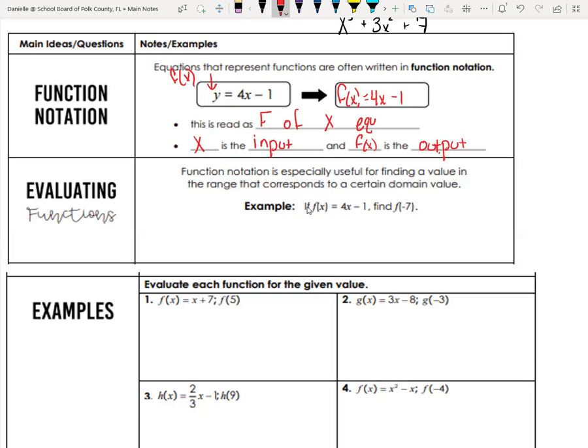So basically, evaluating functions is the same thing as substitution. So I'm going to take my new value for x and plug it in. So now I have f of negative 7 is 4 times negative 7 minus 1. 4 times negative 7 is going to be negative 28. Minus 1 gives me negative 29.